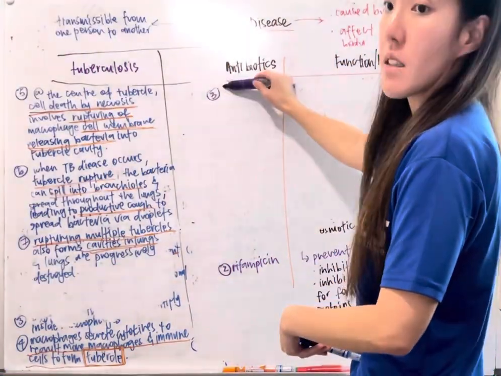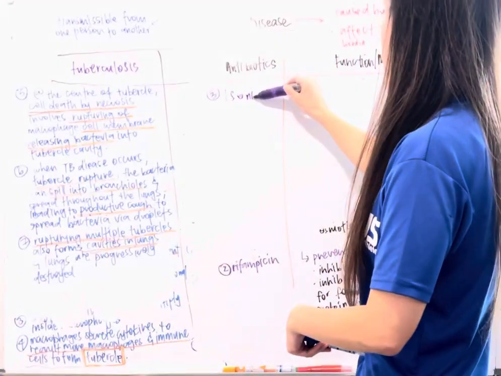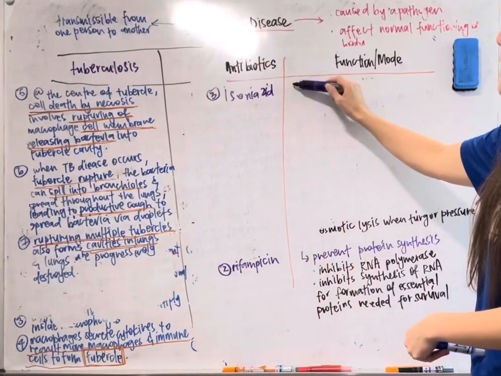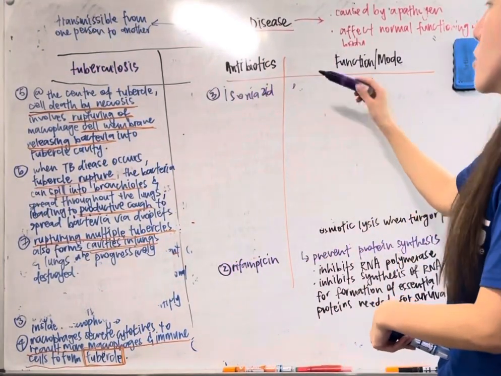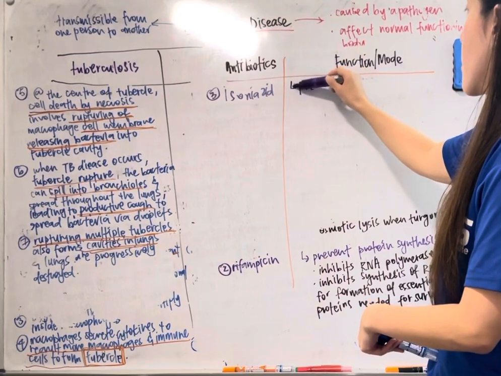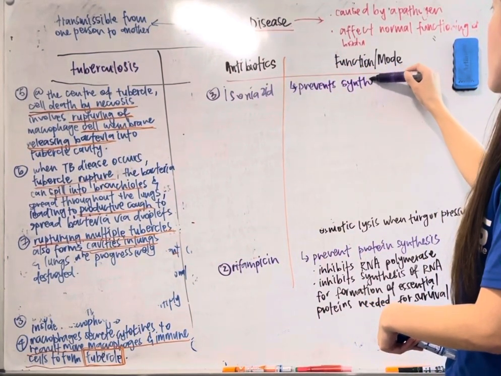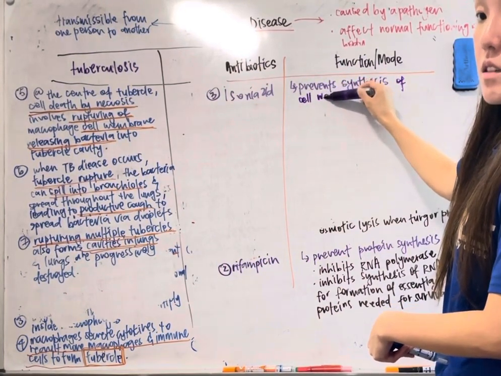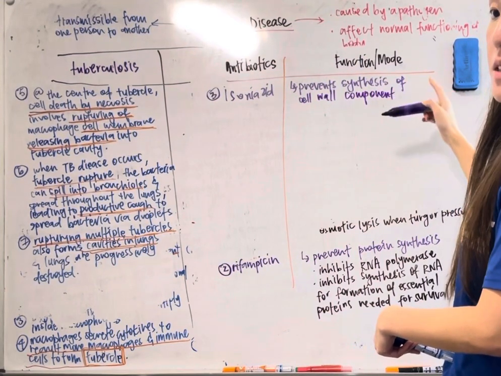Another antibiotic is the isoniazid. Isoniazid is also an antibiotic used to treat your TB. Alright, so do take note, this one actually prevents synthesis of cell wall components such as this glycolic acid.